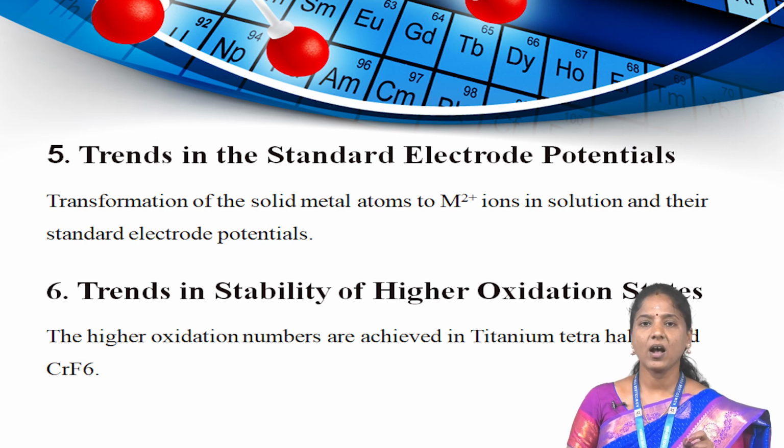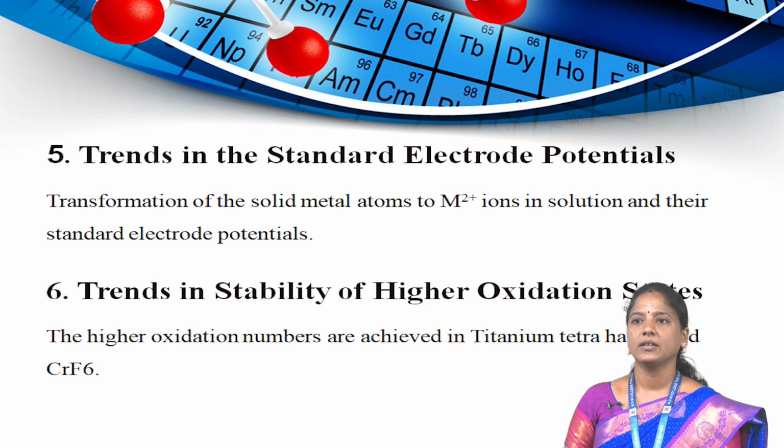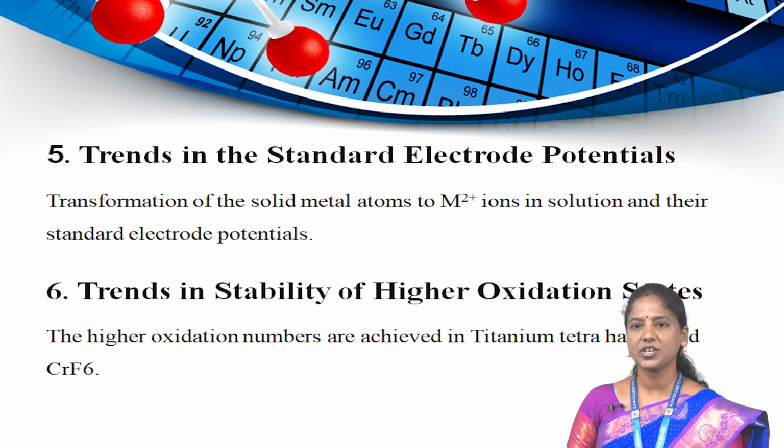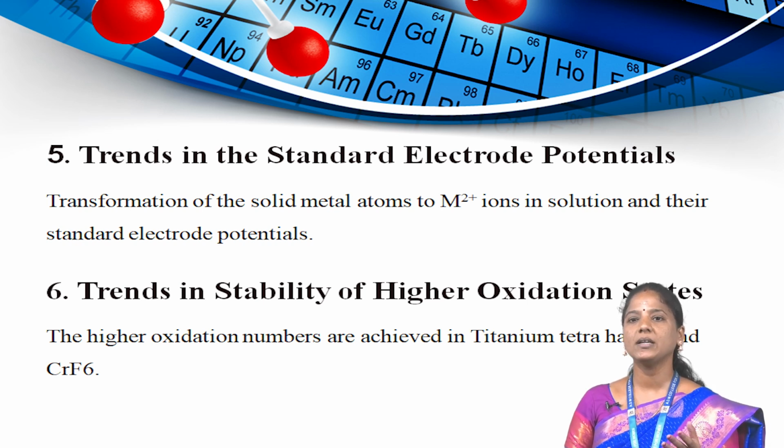The higher oxidation numbers are achieved in titanium tetrahalide, vanadium pentafluoride and CrF6. The +7 state for manganese is not represented in the simple halides, but manganese trioxide fluoride is known. No metal has a trihalide except iron +3 halides and cobalt +3 fluorides.